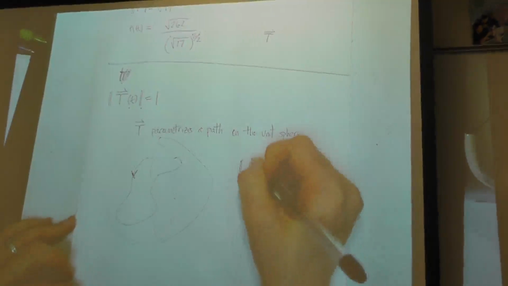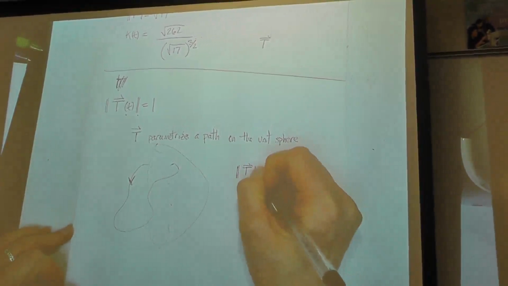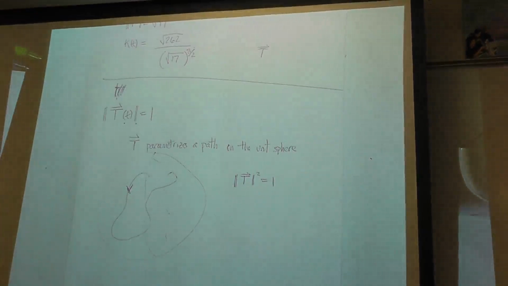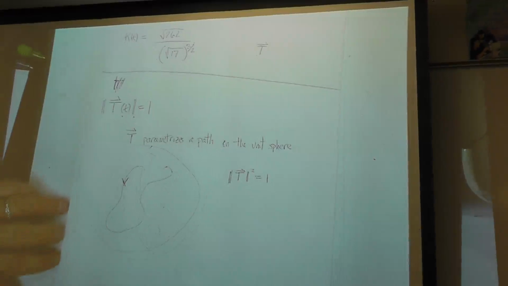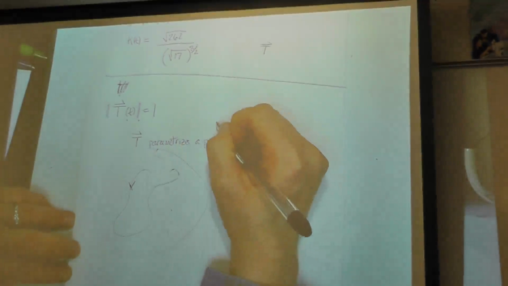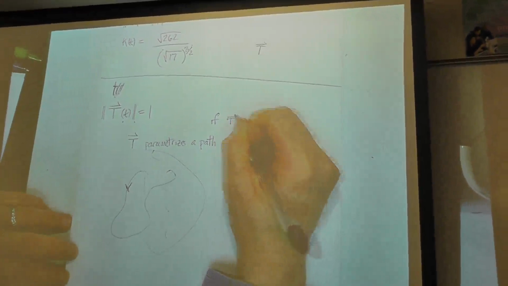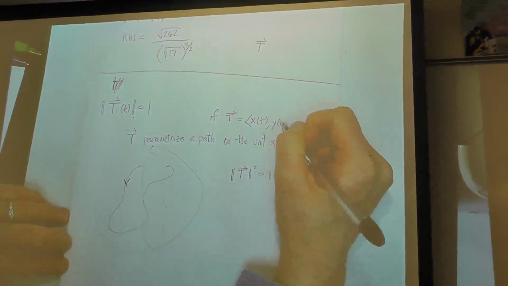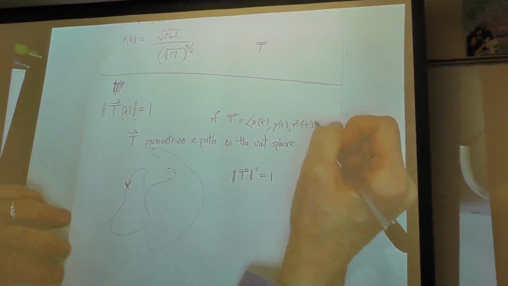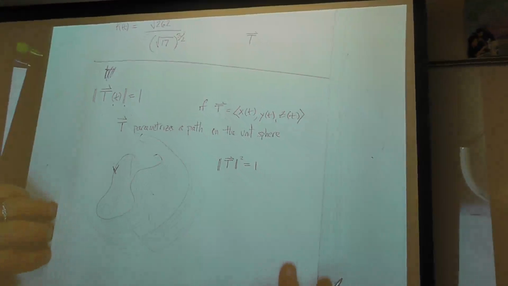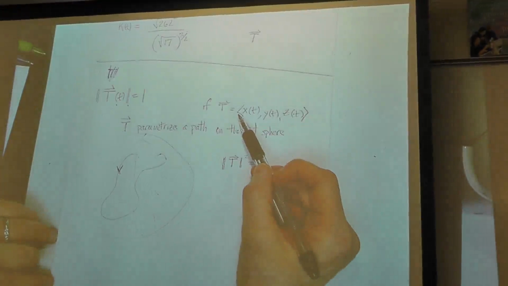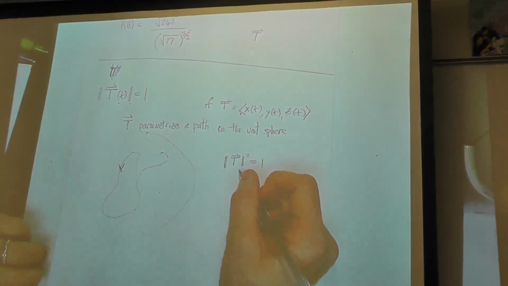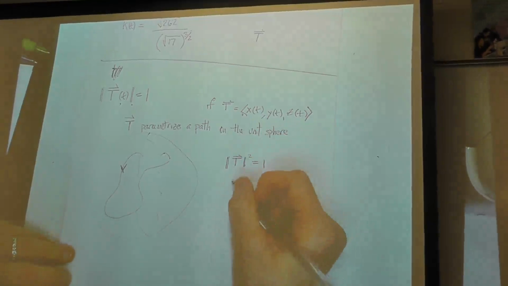So, let me square both sides, and the square of 1 is 1. If my T has an X component and a Y component and a Z component, which I'd make 0 if I was doing this in 2 dimensions, then what happens when I square the magnitude of T?